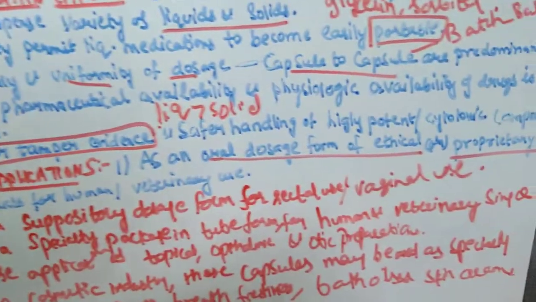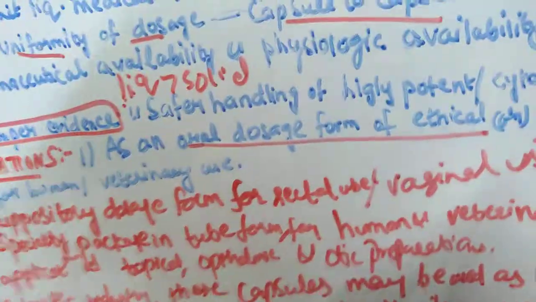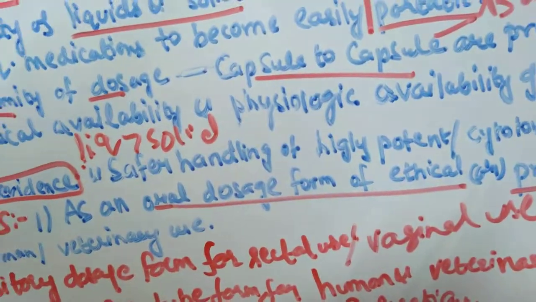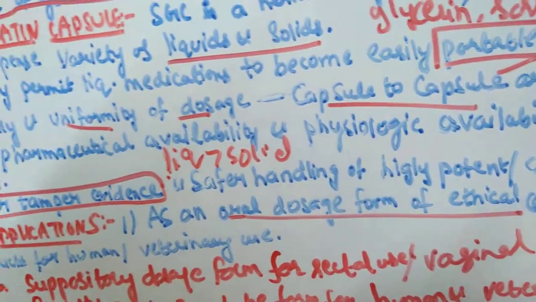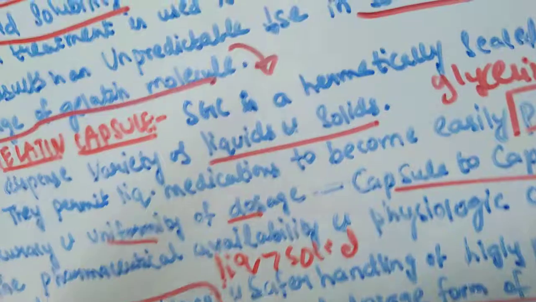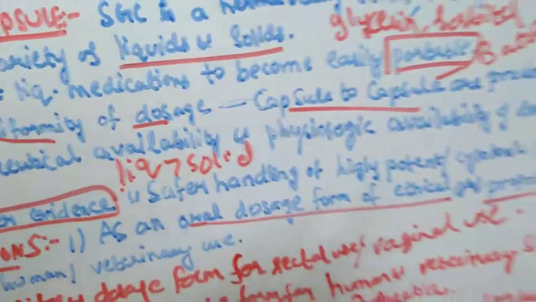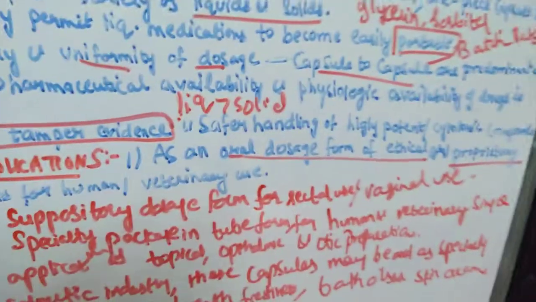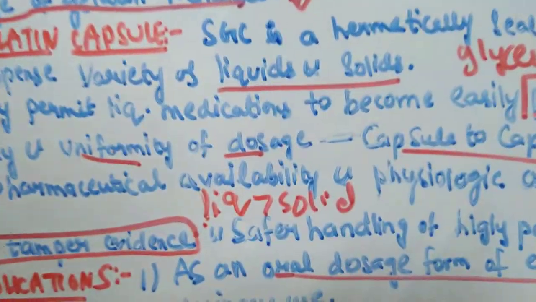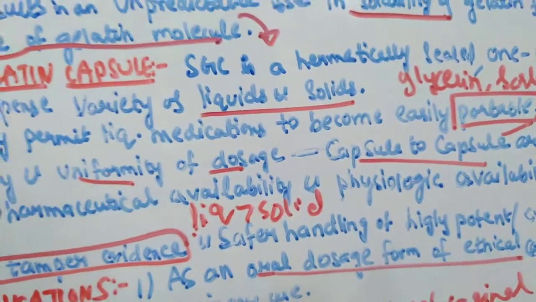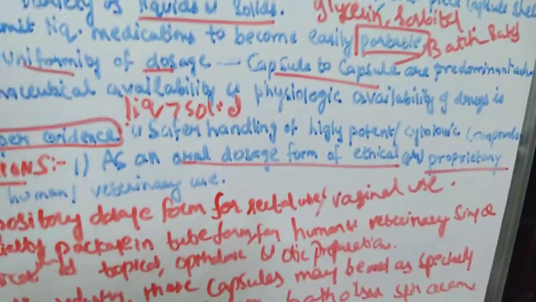Next, pharmaceutical application as a specialty package in tube form for human and veterinary single dose application. That means they can be given in tube form for veterinary and human single dose application, so you can use each capsule a single time, and those applications can be for topical, ophthalmic and otic preparations.